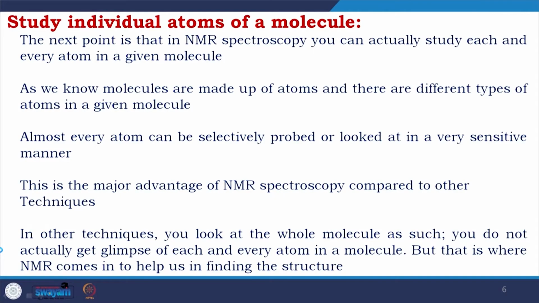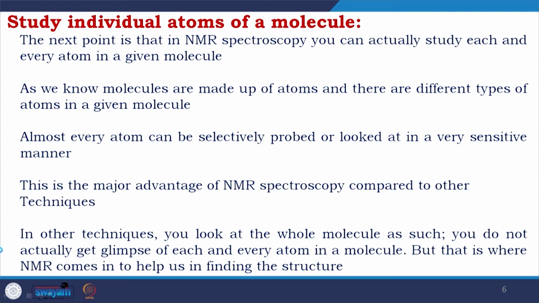The next point is that in NMR spectroscopy you can actually study each and every atom in a given molecule. As we know, molecules are made up of atoms. There are different types of atoms in a given molecule.